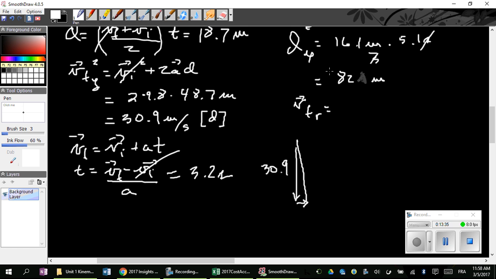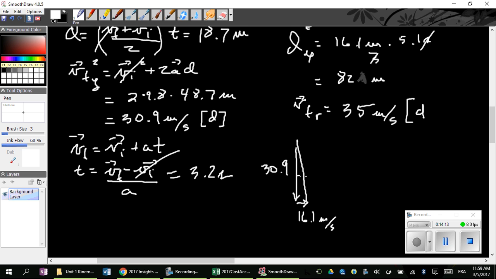My x here was 16.1 meters per second. So I need to find the hypotenuse: 16.1 squared plus 30.9 squared, square root. So this thing flies down at 34.8. So we'll round it because now it's the final answer. So it's 35 meters per second. That's my direction. So it's down.